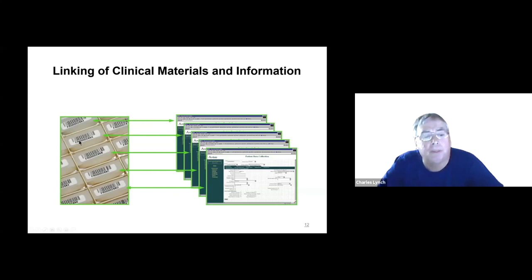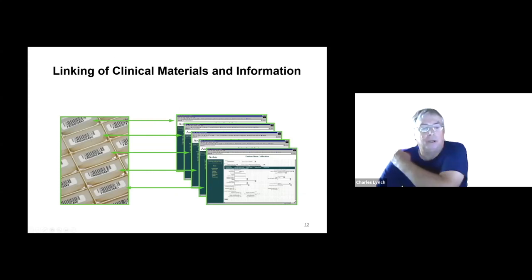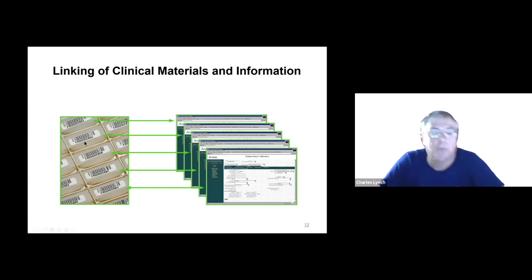Now, another thing that's typically done with these blocks is they are labeled. These are labeled with bar markers. Some laboratories have that. Others of them just still manually label them. But they're labeled and they're connected to the pathology report. The pathology report can be linked to the medical record for the person.